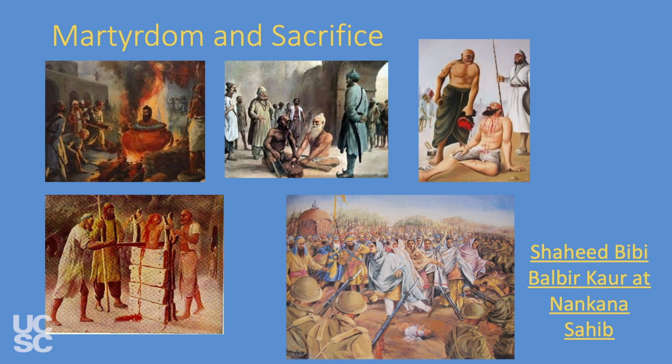The baby was killed. She put her baby down, kept marching, and then was shot down herself. And so this is an example of how this tradition of sacrifice continues in the Sikh community. There's a link in Canvas to a website which has more details of this part of Sikh history.